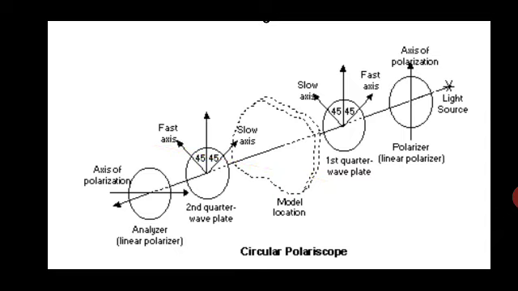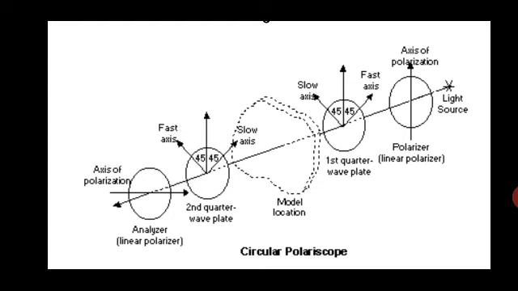Here, the optical arrangement shown in the figure includes quarter wave plates, with a fast axis and a slow axis, placed after the polarizing element with the axis at 45 degrees to the polarizing axis.